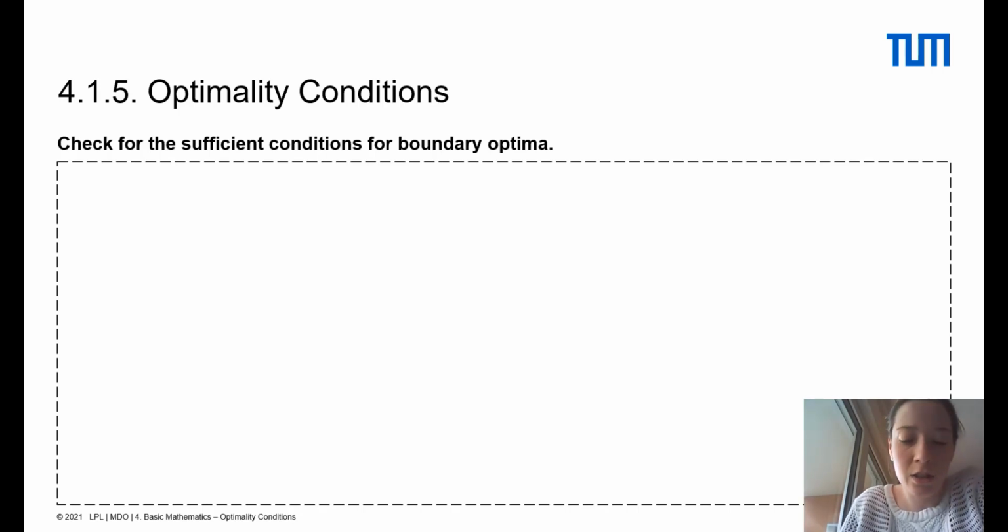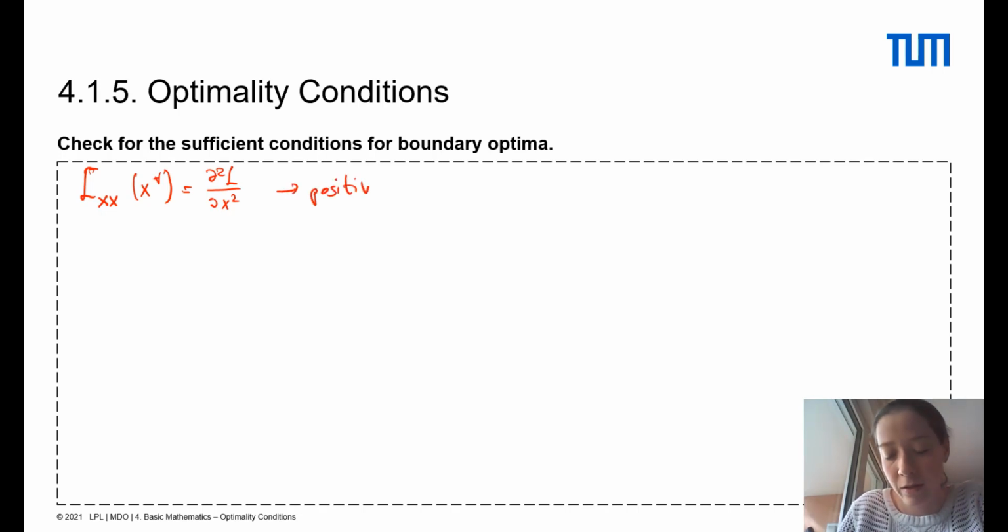The sufficient conditions are defined that, well, the KKT conditions have to be fulfilled, which you already did, but additionally the second order derivative of the Lagrangian function at our optimal solution, which is d squared L over d x squared, has to be positive definite on T of x star.